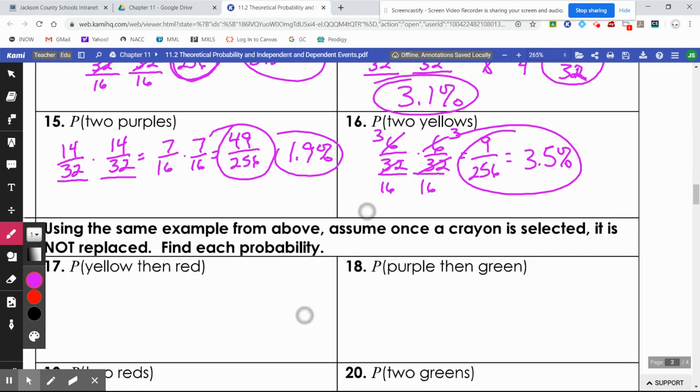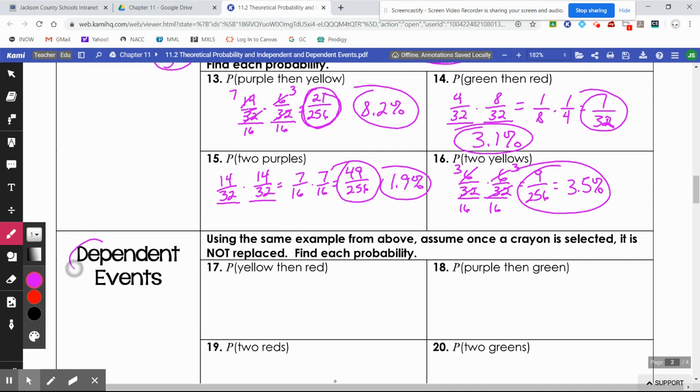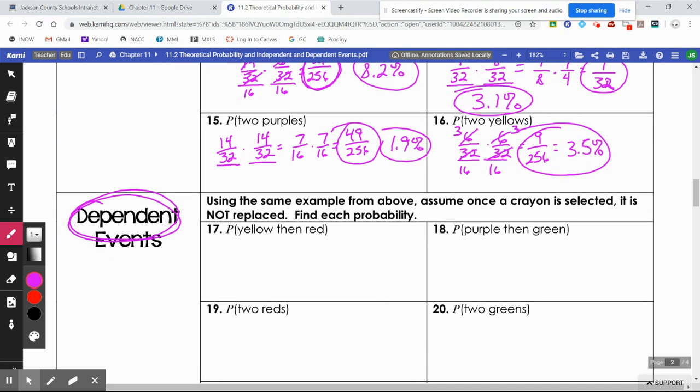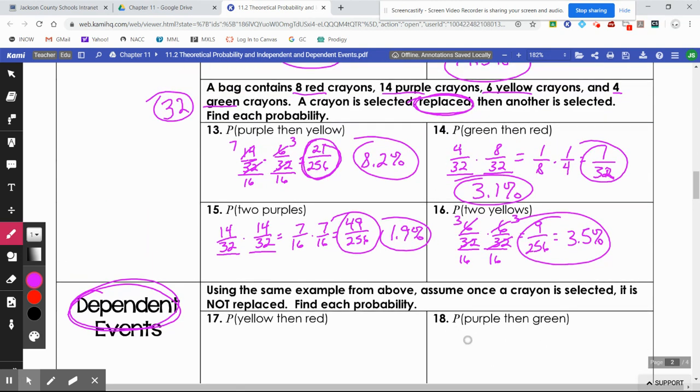Okay, next up, let's talk about dependent events. And you're going to see here the second event actually is changed or influenced by the first event. So using the same examples from above, assume once a crayon is selected, it is not replaced. Now, if you think about it like this, the reason that the first one influences the second one, let's go back up here.